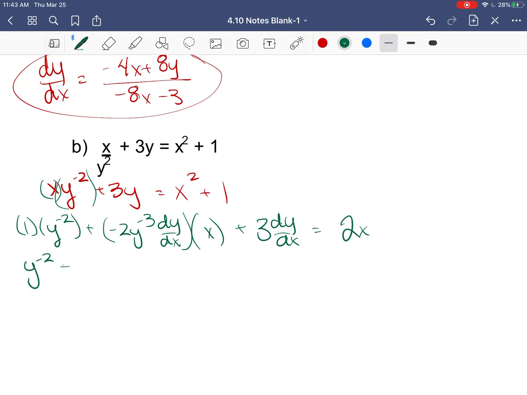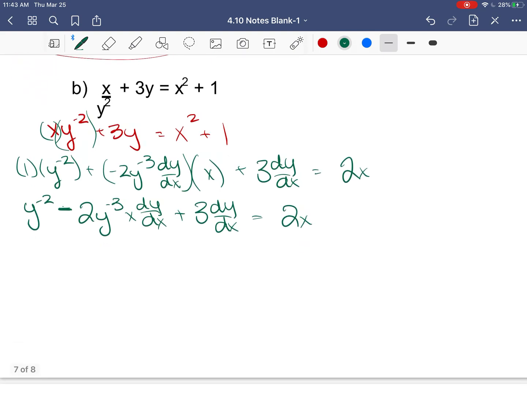So I'm just going to simplify: y to the negative 2 minus 2y to the negative 3x dy/dx plus 3 dy/dx equals 2x.